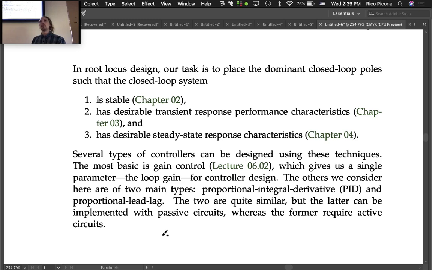And usually your actuator is some analog circuit-controlled apparatus, like a motor, for instance, and you want to somehow build this controller that responds in a certain way to the system's response.